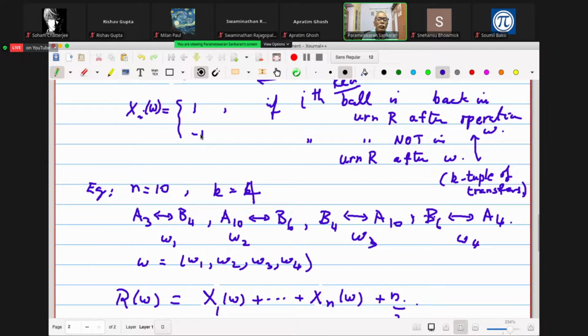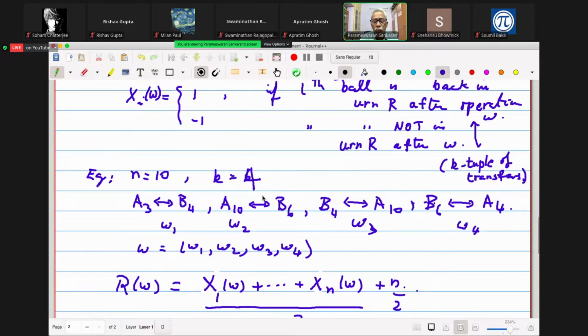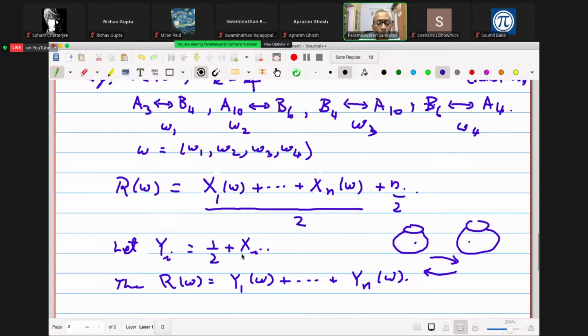In other words, let me think this way. Why is it that this is the right one? What is the justification for this? Sorry, that's also divided by 2 here. So you see, if xiw is 1, then this doesn't change.